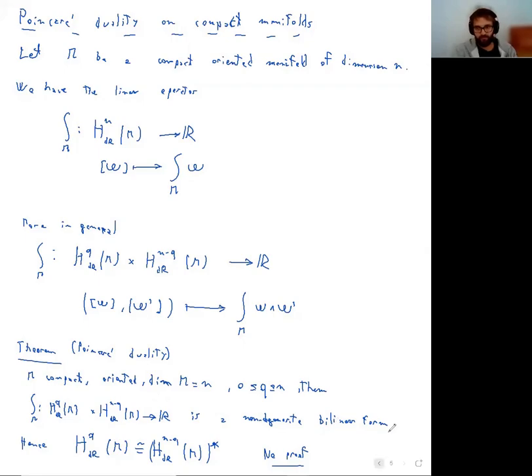So non-degenerate bilinear form, you can just think that it means that it's a bilinear form, so it's represented by a matrix. So you're asking that this matrix has no zero eigenvalues. And anything like this always gives you this duality. And the duality is given, I think you know, no?